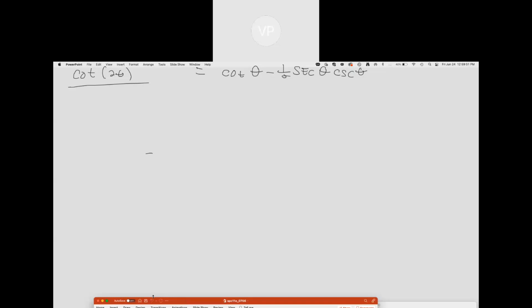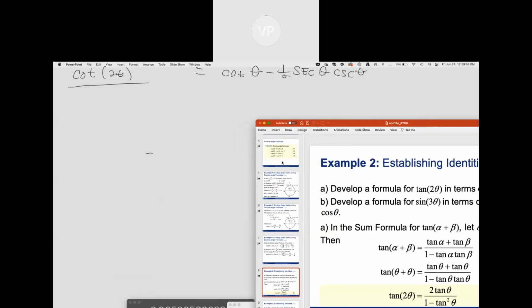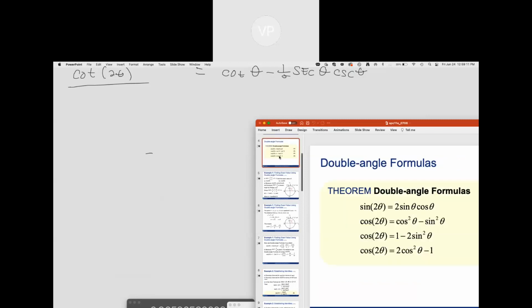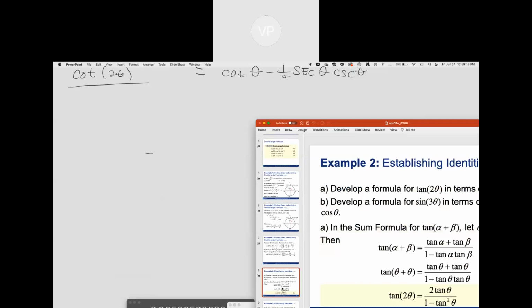I'm trying to think here. How do I make that happen? Okay, this is a cotangent of 2 theta. If I look at my identities for my little cheat sheet, I don't have that. I've got tangent of 2 theta. I've got sine and cosine. I don't really have that, but I do remember something about this. Remember, cotangent is the same as 1 over tangent of 2 theta.